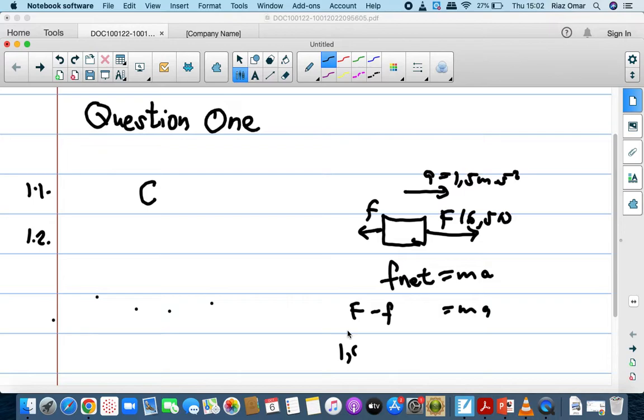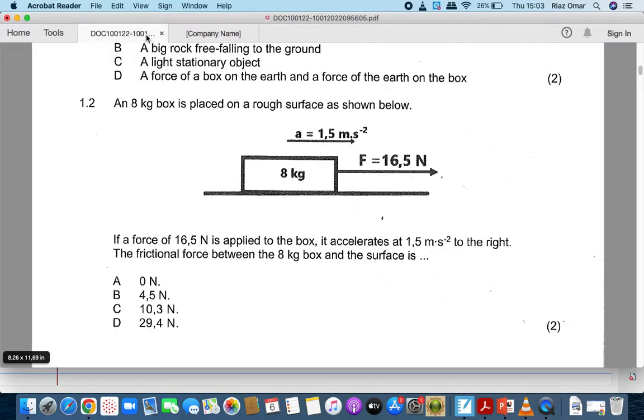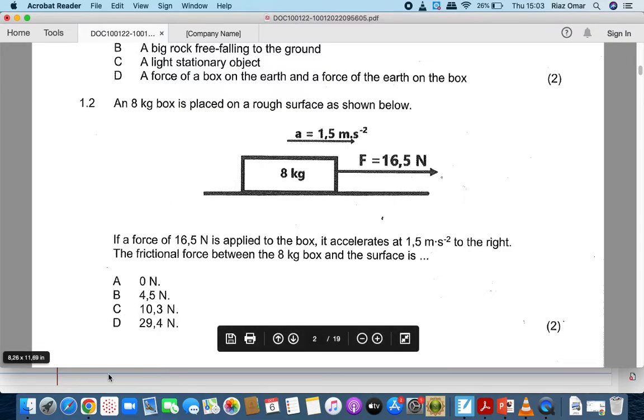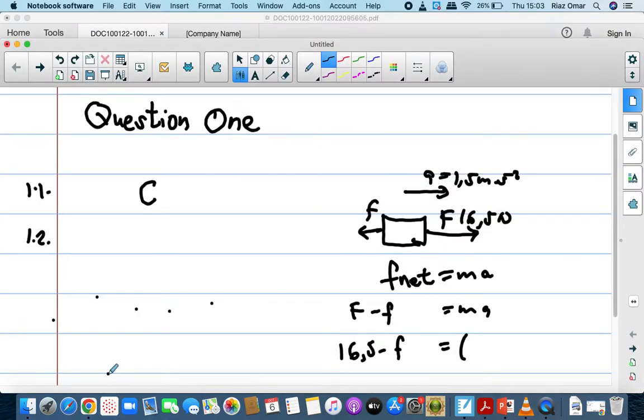So that will be 16.5 minus the frictional force is equal to m a. What is the mass of our object? 8 kilograms. And your acceleration is 1.5. So if you put it here, it will be 8 times 1.5.